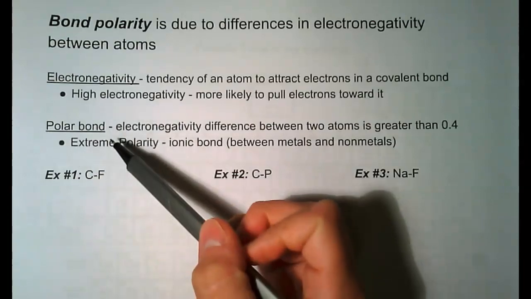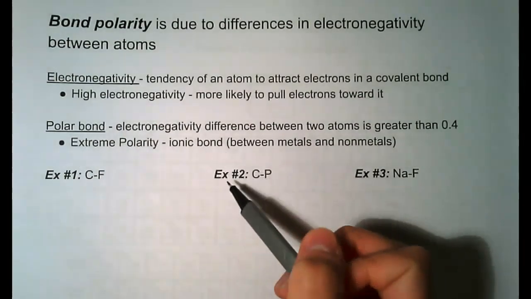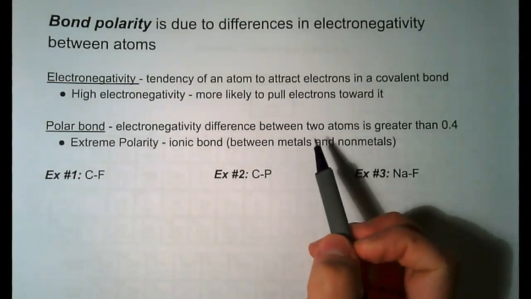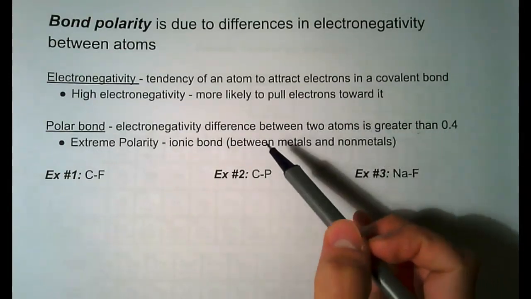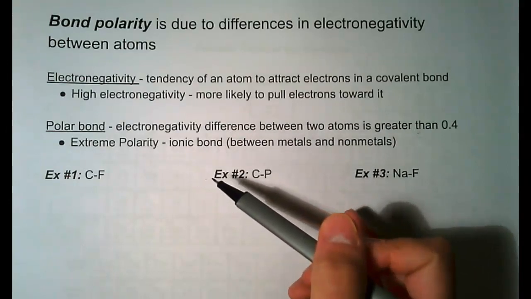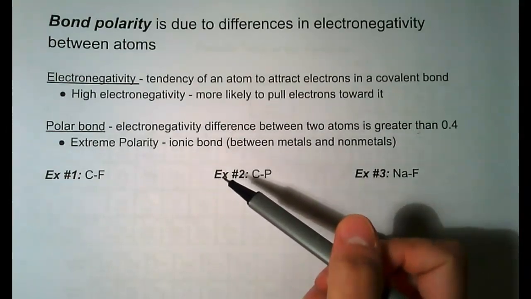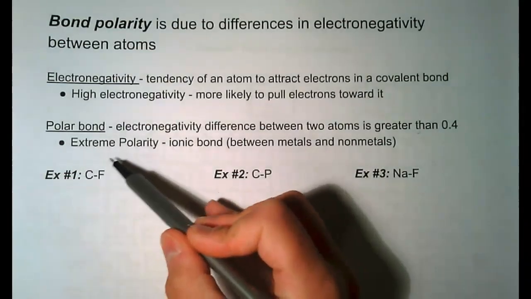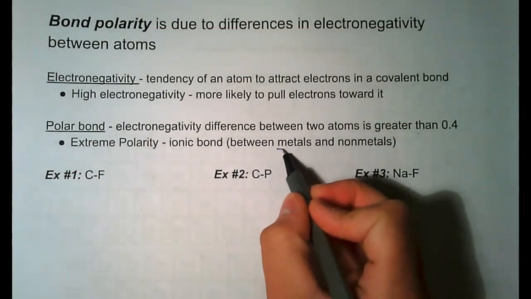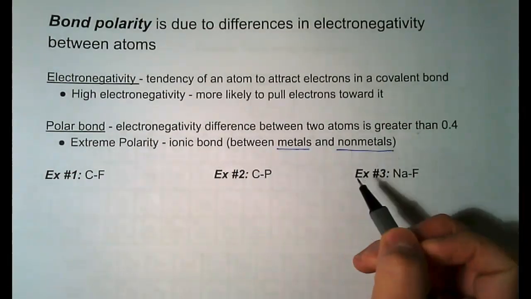So a polar bond occurs when the difference in electronegativity between two atoms is greater than 0.4. And ionic bonds are just examples of extreme polarity, and usually they have electronegativity differences of like 2.0 or greater. But you can always tell an ionic bond because it will have a metal and a non-metal.